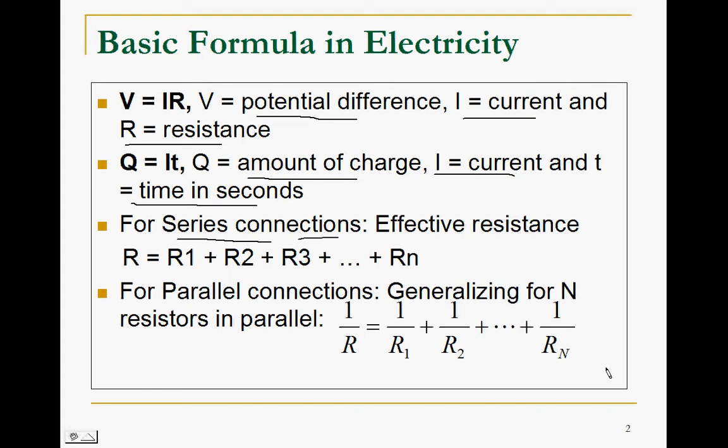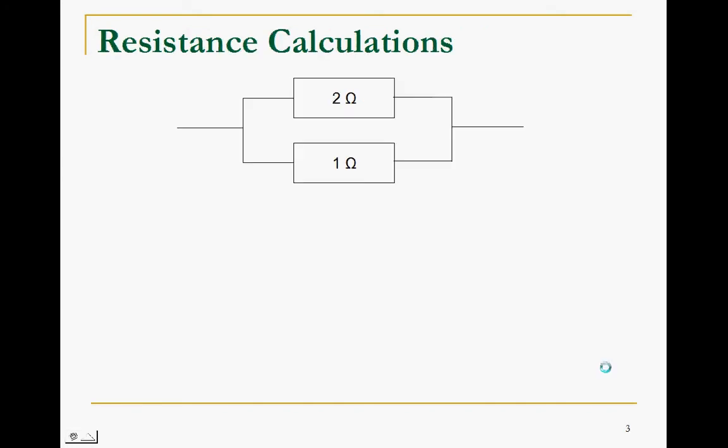Now let's take a look at resistance calculations. Assume now in front of us we have two resistors connected in parallel. Now how do we calculate the parallel resistance? If we use the traditional formula, we have 1 over R equals 1 over 2 plus 1 over 1.